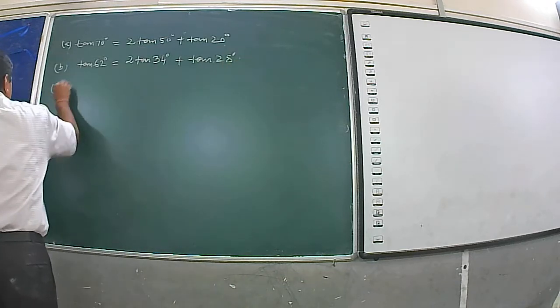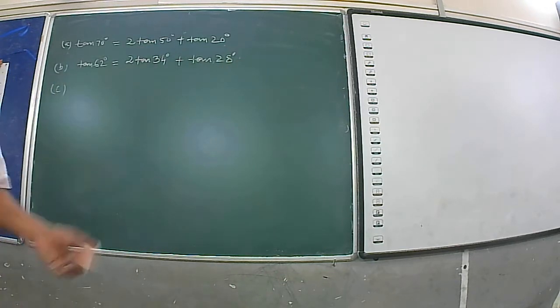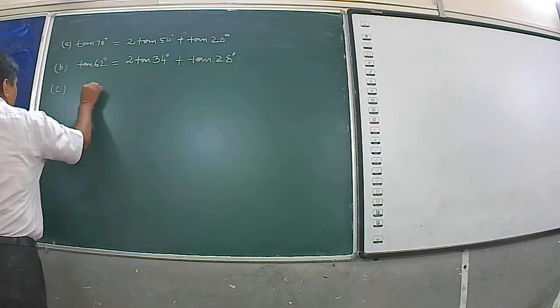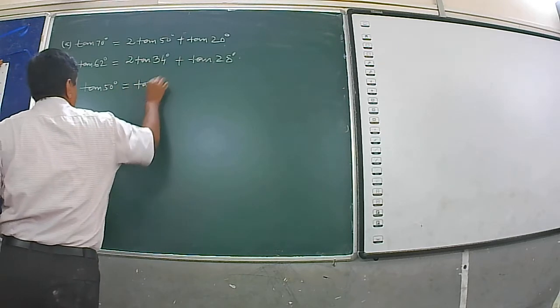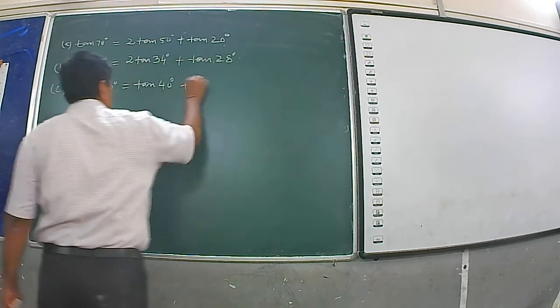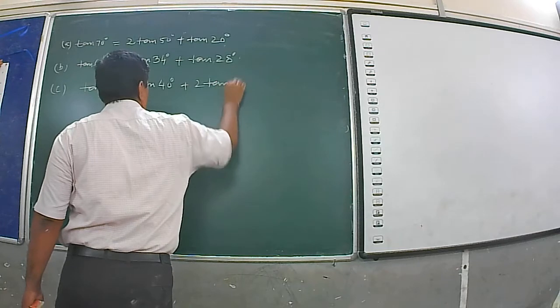Next, tan 50 degree is equal to tan 40 degree plus 2 tan 10 degree.